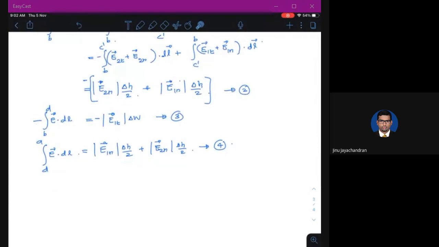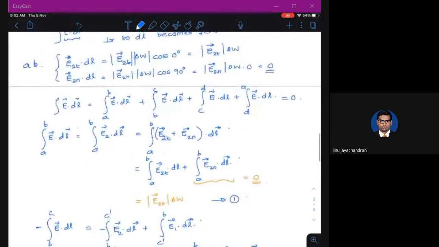And if you add everything, 1 plus 2 plus 3 plus 4, that should be equal to 0. Why? Because we already proved that this is a closed path, and for a closed path, the integral of E dot dl is equal to 0.